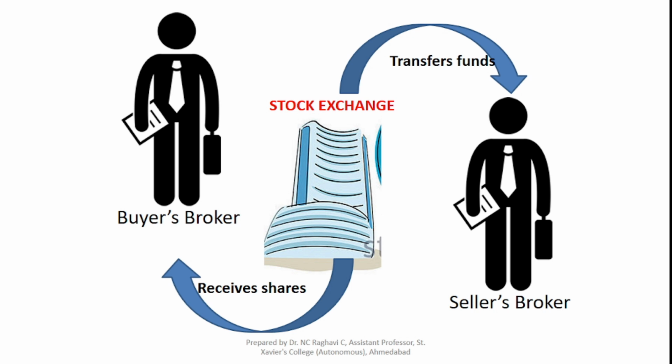Moving ahead, now what the stock exchange does is that it crosses the particular transaction. The buyer's broker, because he has bought the shares and paid the money, receives the shares. Okay, this comes into the buyer's broker's account. Similarly, because the seller has sold the shares, the seller's broker receives the funds. Okay, this is the cross which is happening.